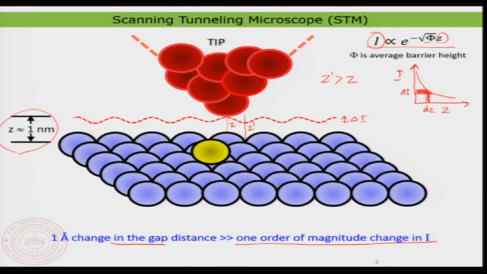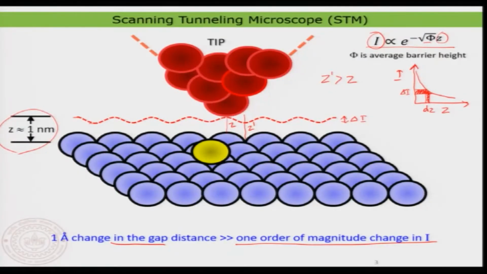There is a strong change in the current, and that means the position where the adatom is sitting will look much brighter in the image. Yeah. So, therefore, you can identify the atom itself on the surface. So now let us look at an image.